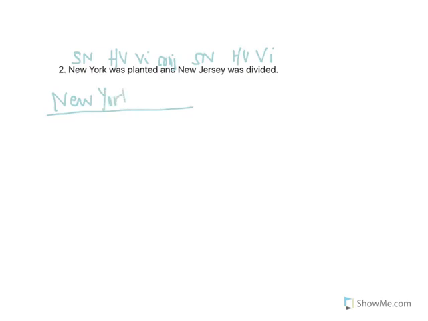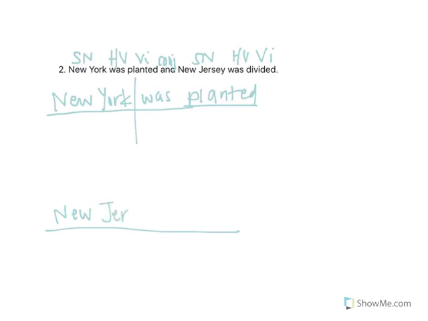Now we're just going to diagram it. Subject noun is New York. And then our verb phrase here, was planted. Then our second independent clause, the subject is New Jersey. And the verb phrase is was divided.